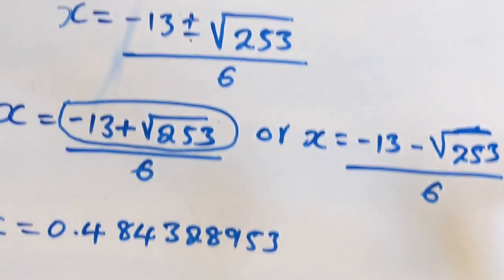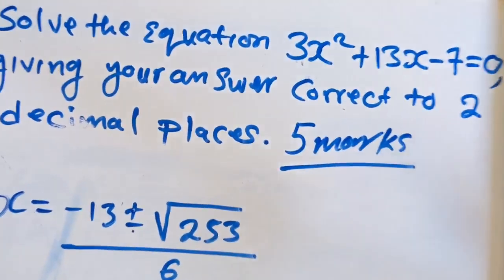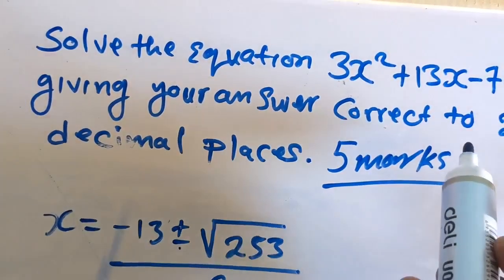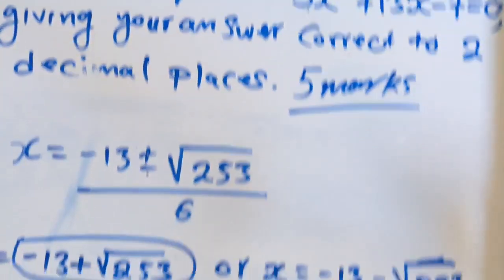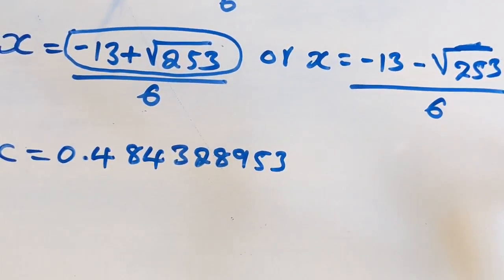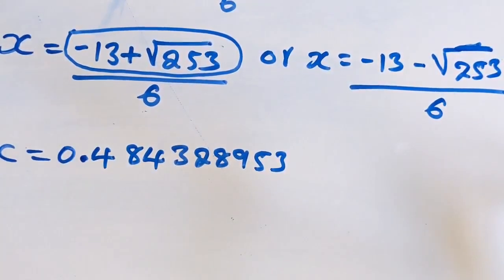Now remember, coming to this question, it has said to give your answer correct to 2 decimal places. What is a decimal place? A decimal place is a number after a decimal point. So 2 decimal places means 2 numbers after a decimal point.